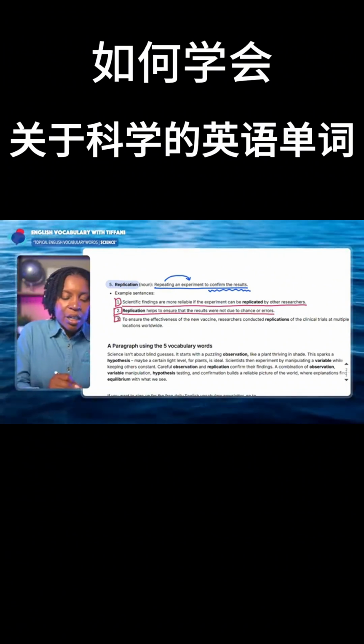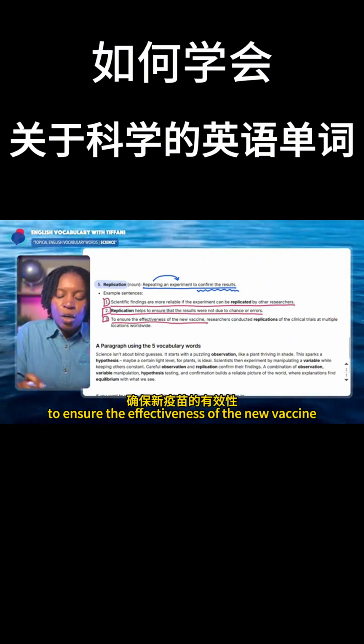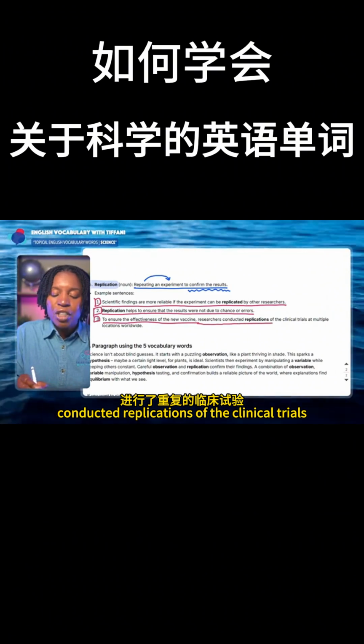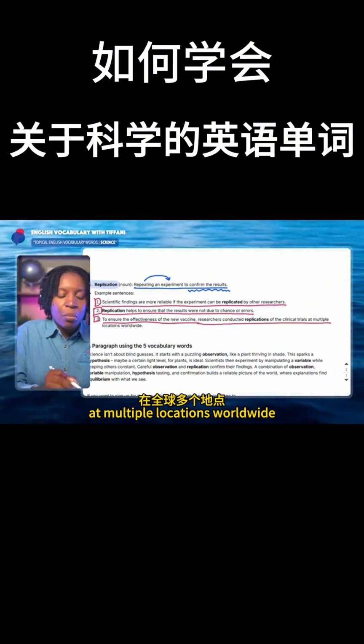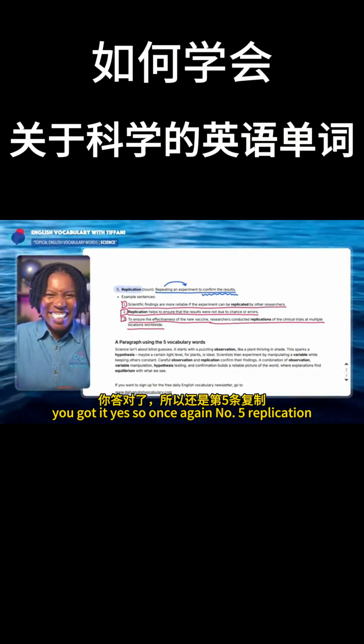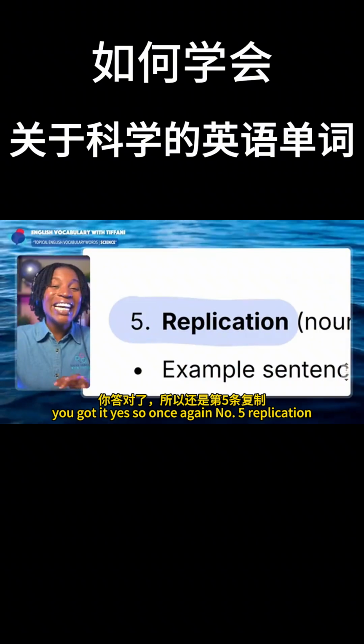And finally, to ensure the effectiveness of the new vaccine, researchers conducted replications of the clinical trials at multiple locations worldwide. You got it? Yes. So once again, number 5, replication.